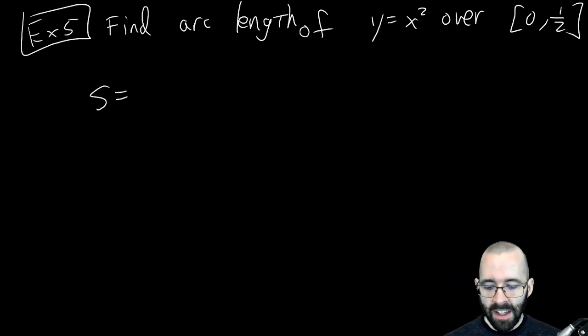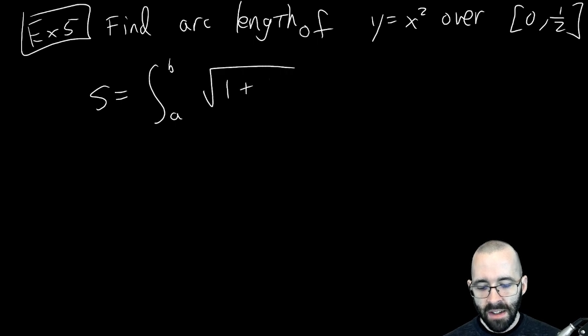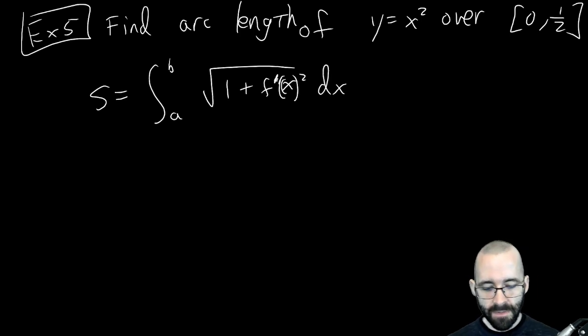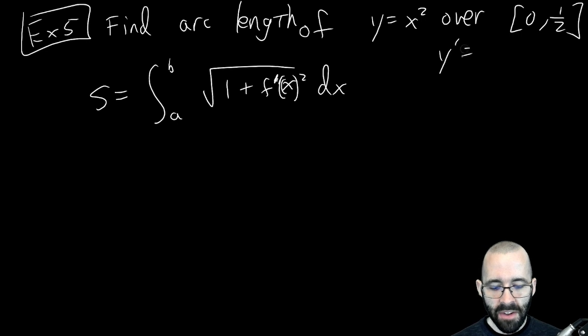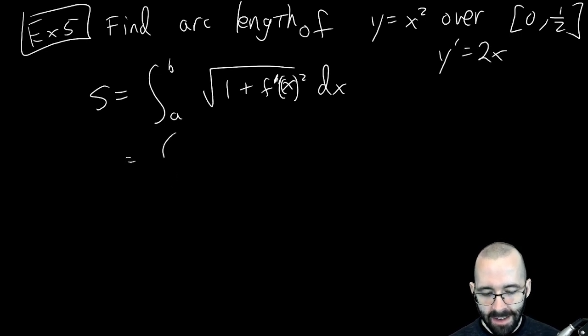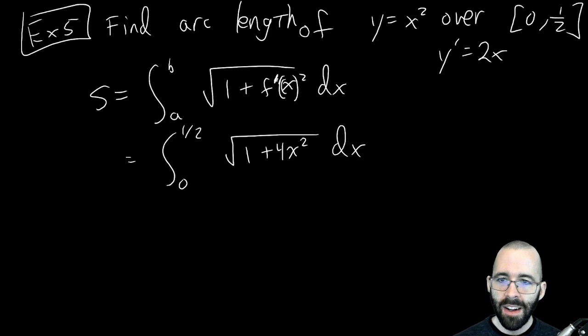So remember that the arc length is the integral from a to b of the square root of 1 plus the derivative, the first derivative, not the second derivative, squared dx. So our derivative here is just 2x. This is easy. From 0 to 1/2, 1 plus 2x being squared is 4x squared.